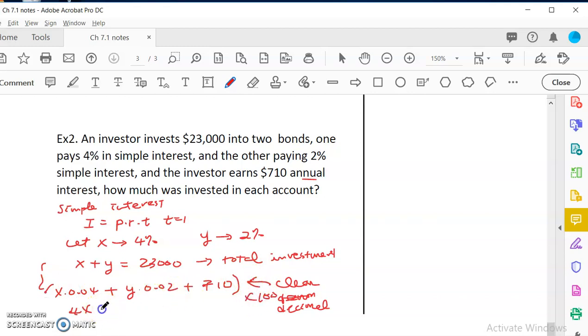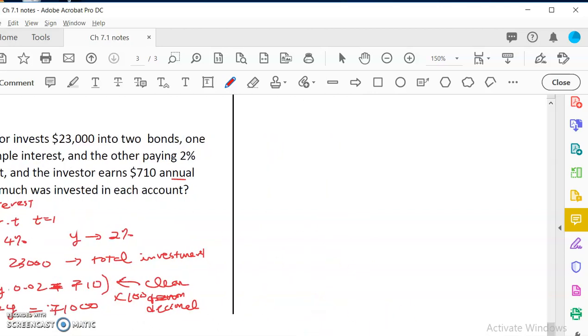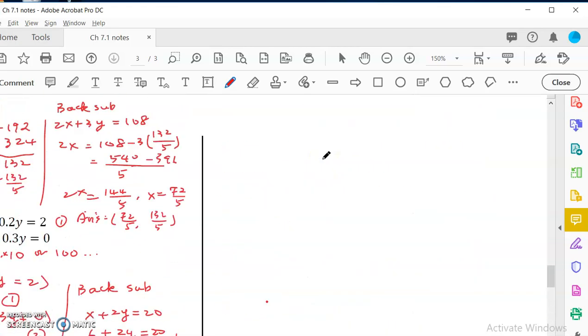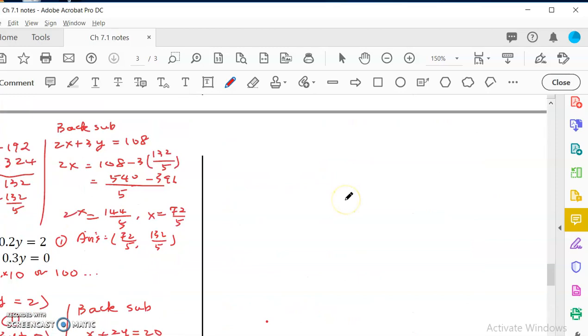Because you have two decimal places, plus 2y equal to, oh, this is not plus, this should be equal, equal to 710, so 71,000. So now your two equations become like this. X plus y, 23,000.